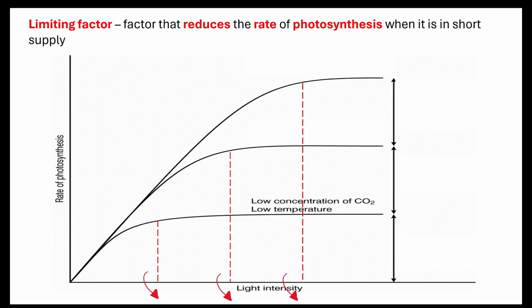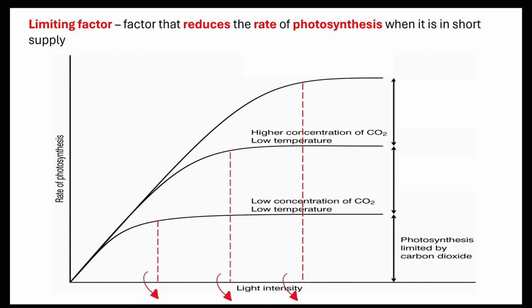Now, Rubisco is an enzyme, so we're talking about a low temperature. That low temperature is going to mean less kinetic energy, but the limiting factor in this case is actually the carbon dioxide. If there's not enough carbon dioxide, there won't be enough carbons to be fixed to convert the RuBP into GP.